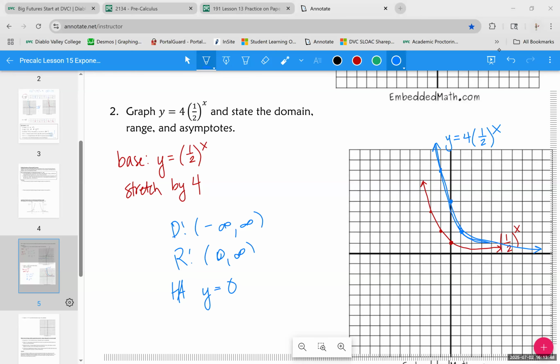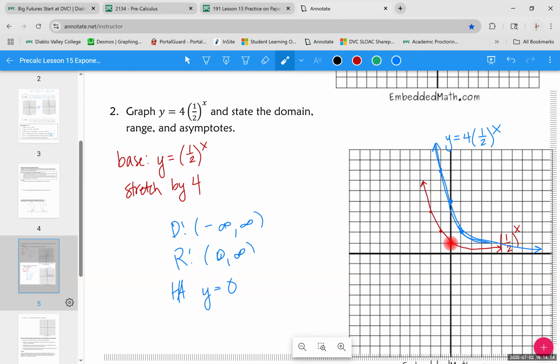Okay, how did it go? So the only difference between the base graph, which would be 1/2 to the x, which I graphed here in red, would be the multiplied by 4, which represents a stretching of the graph by a factor of 4. And the best way to do that is to take the y values you already had, and just multiply them by 4.